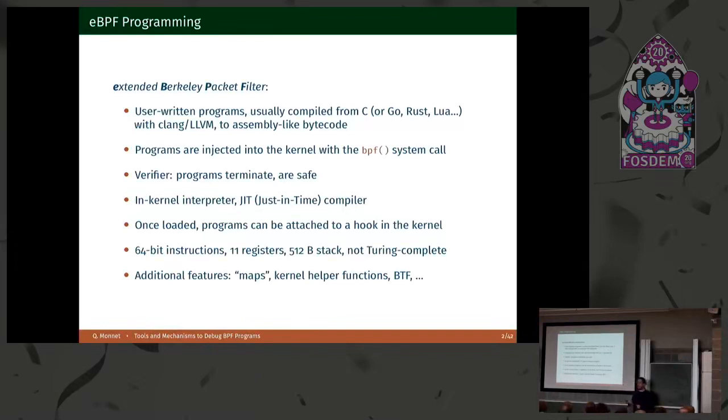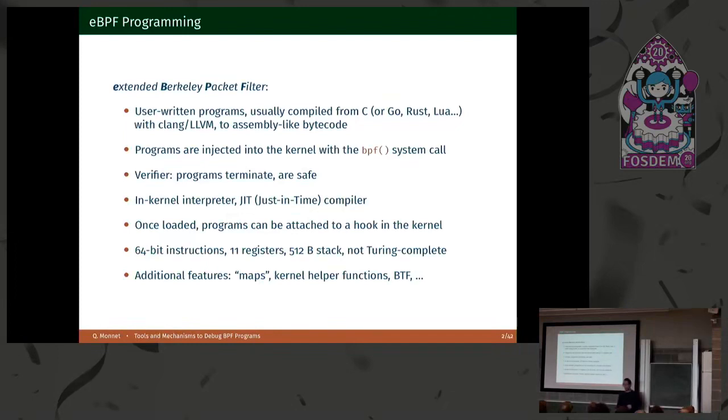So you have an interpreter in the kernel. You also have a JIT compiler to get better performance with BPF programs. And once they are loaded in the kernel, you can attach them to one of the existing hooks, for example network processing or tracing hooks.